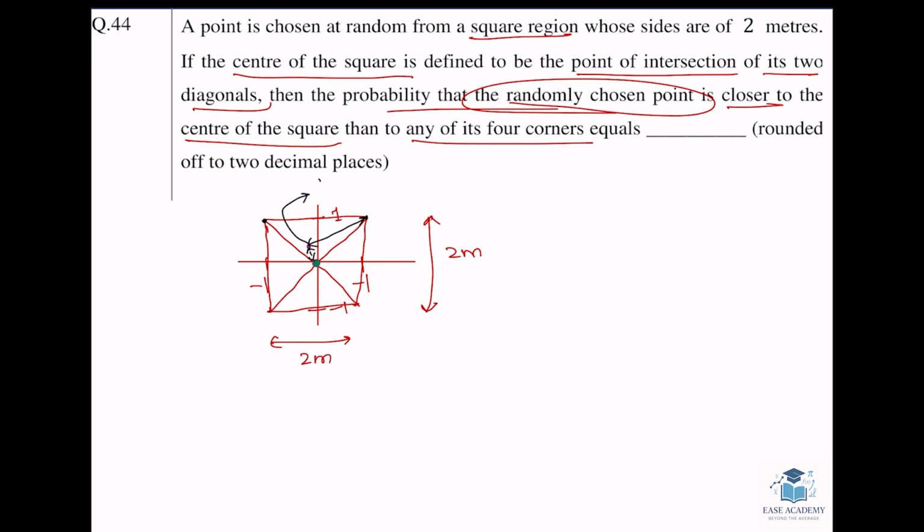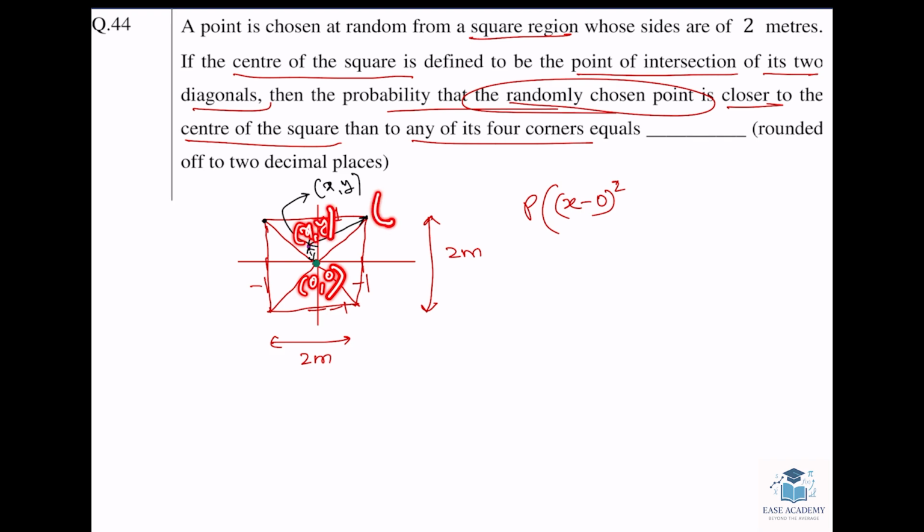This point is defined as (x, y). The probability that the distance of this point to the center, that means (x minus 0) whole square, the center being (0, 0), and this point is (x, y).